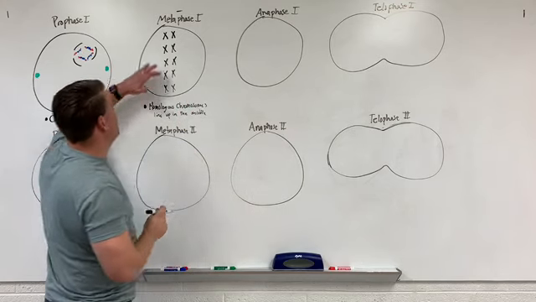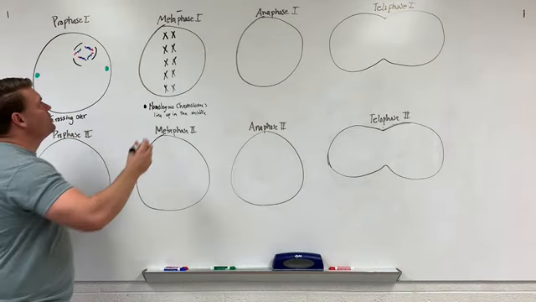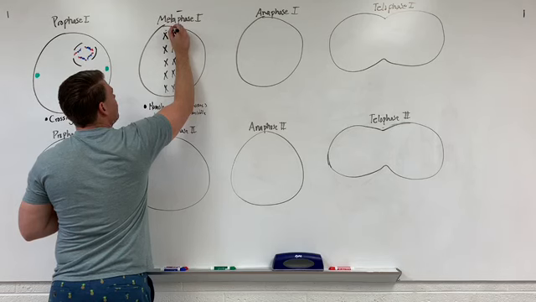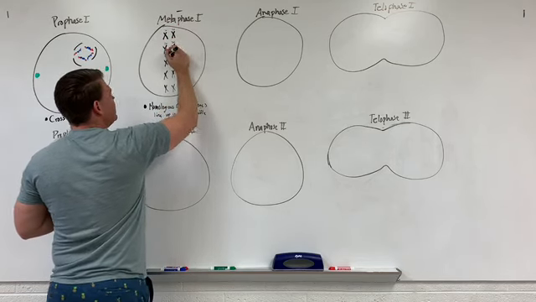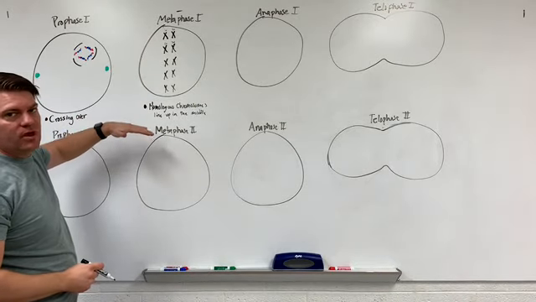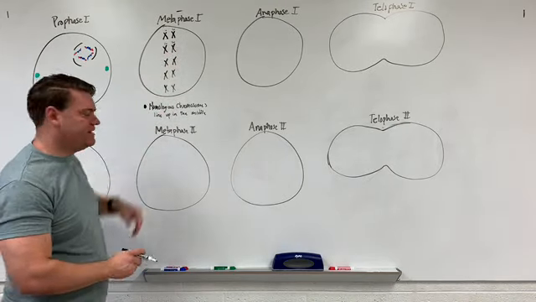And I know I haven't drawn them here, but realize that they're all kind of mixed up. So this would be one from mom and one from dad, 2 from mom, 2 from dad, and so on, all 23 of them, right? Because we have 23 paired chromosomes, our homologous chromosomes are all going to be lined up.